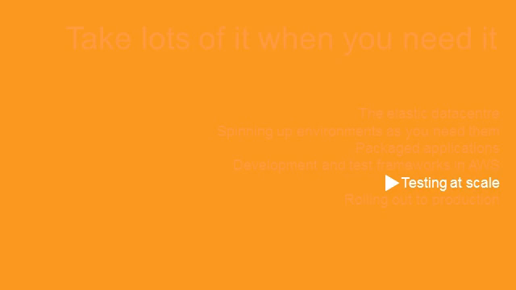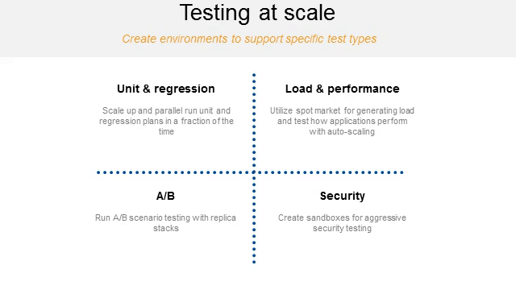So let's move on from frameworks and environments and talk now about testing at scale. Once again, there's 4 real components to this. So unit and regression testing, which is often part of the CI process. Load and performance testing, which could be done as part of CI, but could also be done periodically in response to demand forecasts that you might be generating for your application, or in response to a major version upgrade.